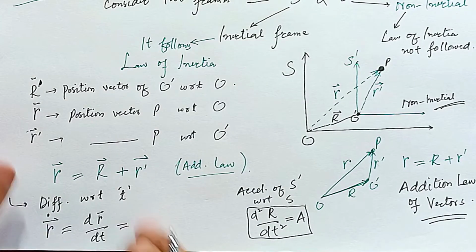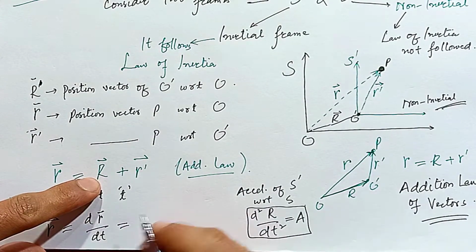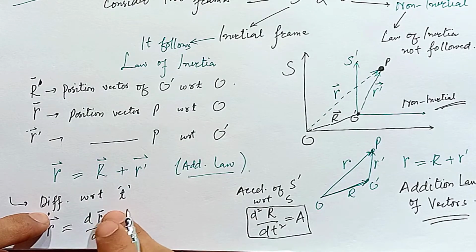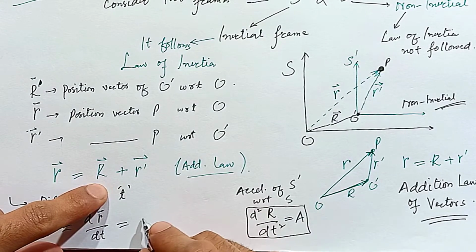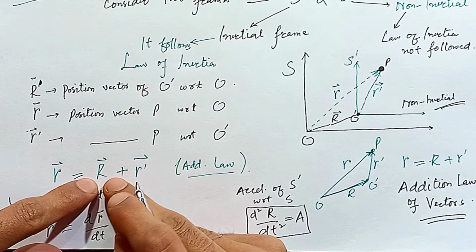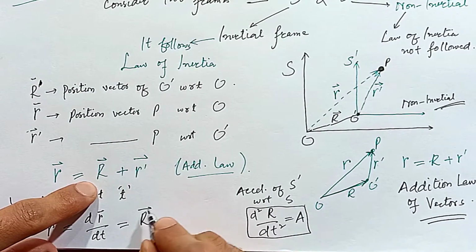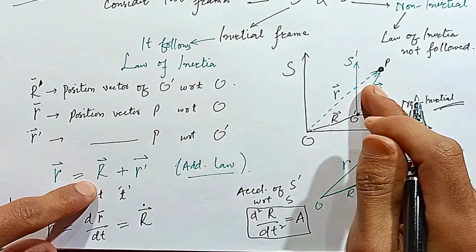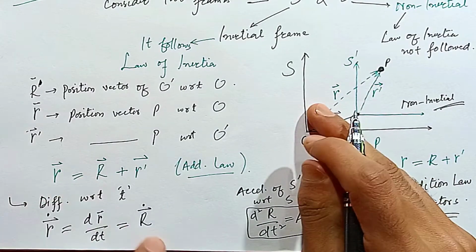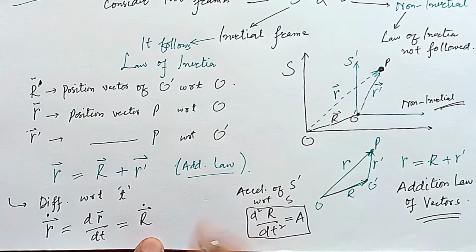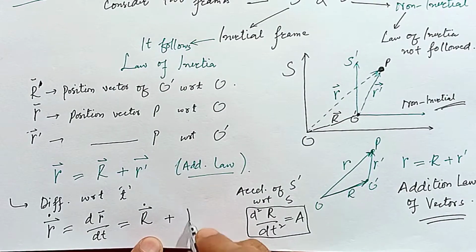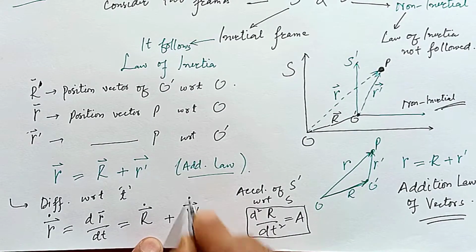Applying it here, first we differentiate with respect to time. So we get dR by dt, that is R dot, which is the velocity of this frame of reference with respect to this one, because R dot means velocity, plus r prime dot.